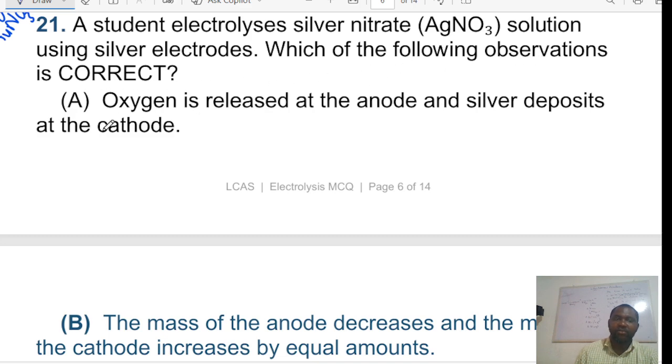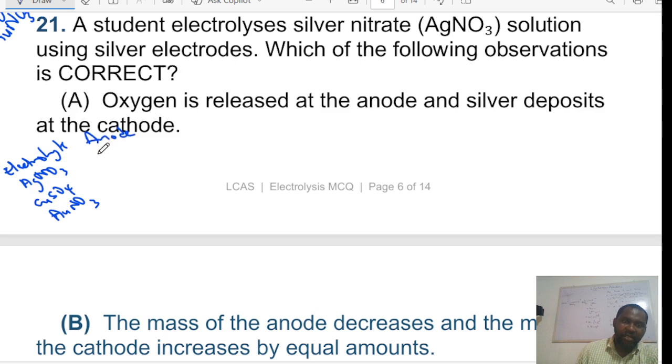Now, I already explained in the last video that anytime the electrolyte is a salt of either silver, copper, or gold, like AgNO3, CuSO4, AuNO3, and the anode, especially the anode, is silver if it is AgNO3, copper if it is CuSO4, gold if it is AuNO3.